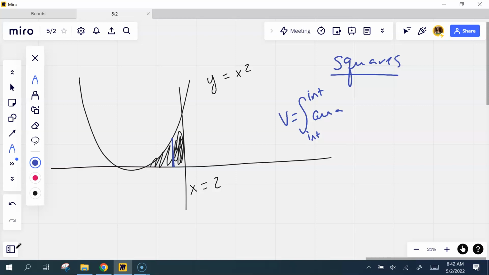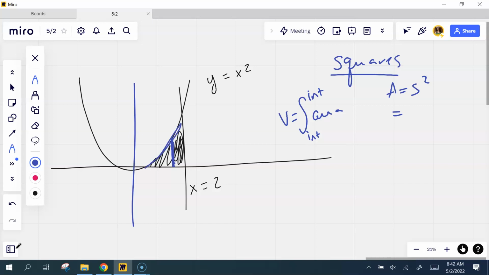But still, if I can find the area, well, how do you find the area of a square? Side squared. So what's the side length here? We're not rotating about y equals 4 anymore. Now we're just looking at a basic length.